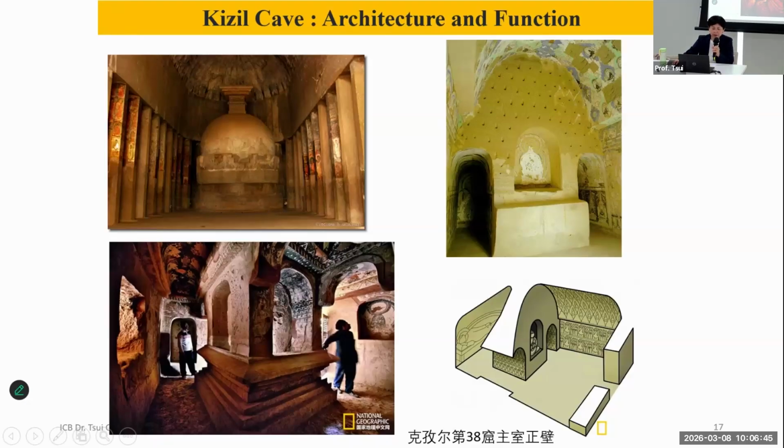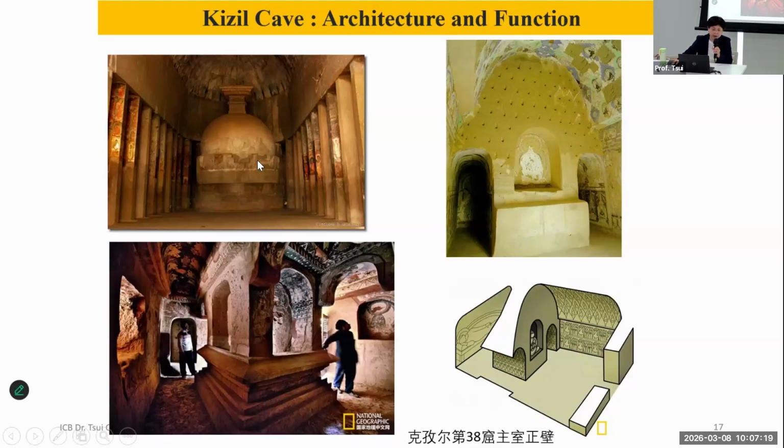And following the transmission of Buddhism and Buddhist art from India to Gandhara and Xinjiang, in Xinjiang, in Kizil cave, we have this type of Chaitya cave with a central pillar connected with the ceiling. And in Xinjiang, we have another type of central pillar: a square column connected with the ceiling.